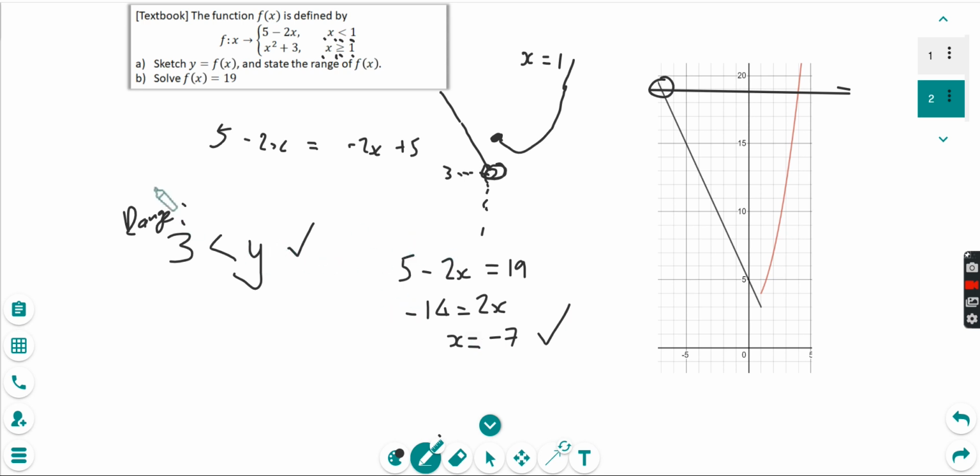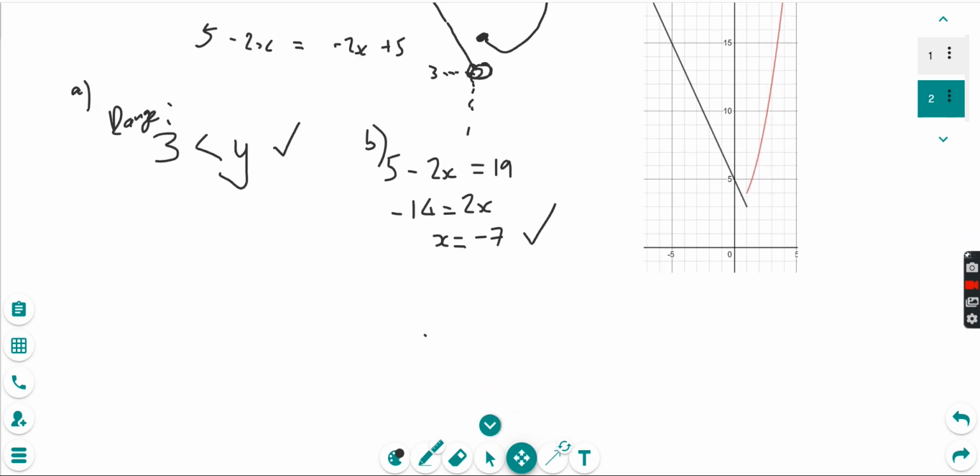Let's do the solution for the other part. So that's A, this is B. So for the other part, we'll just sort of stick this part over here. So it was x squared plus 3 is equal to 19. So x squared is 16. So it's plus or minus 4.